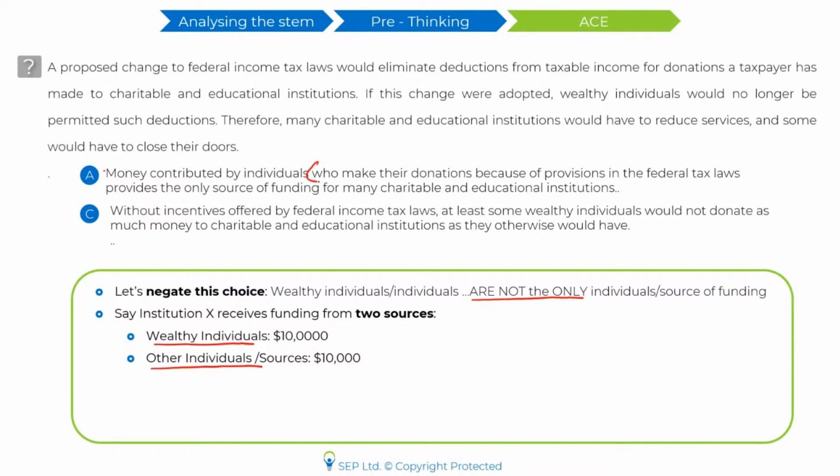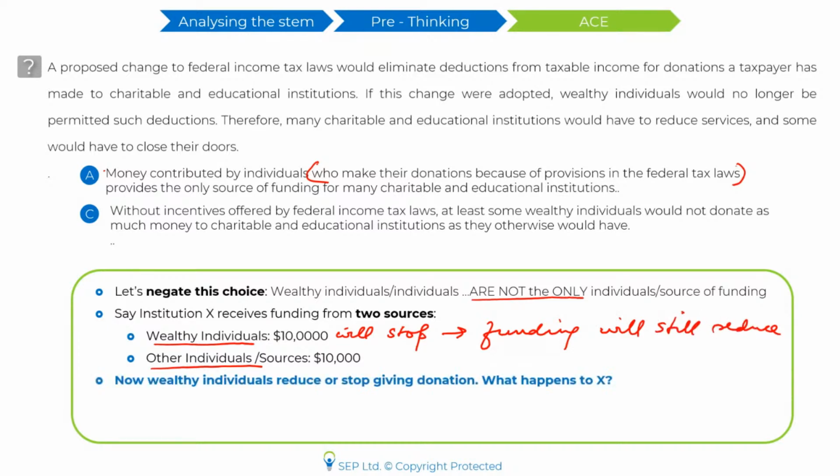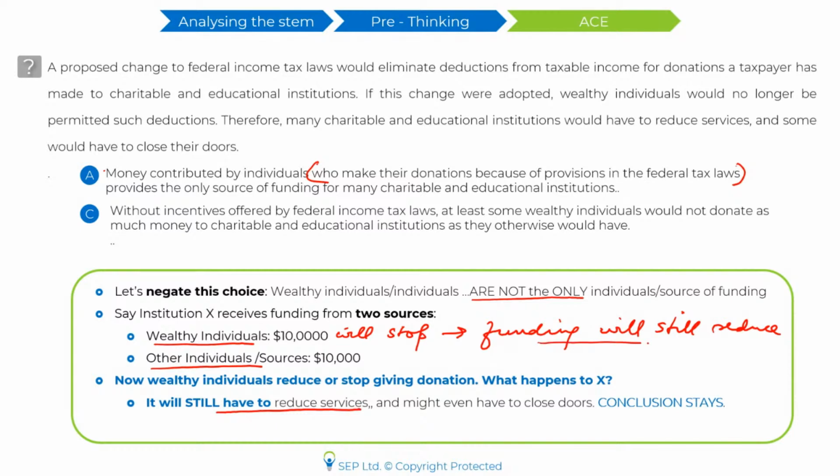Now, this choice says who make the donation because of provision. That means they will stop, one source will stop. If one source will stop, funding will still reduce. And if funding still reduces, my conclusion will stand. Okay? The charitable institutions will still have to reduce services because funding will reduce, even if they have other sources. So, A is not a necessary condition. All right? I don't need funding to stop completely.